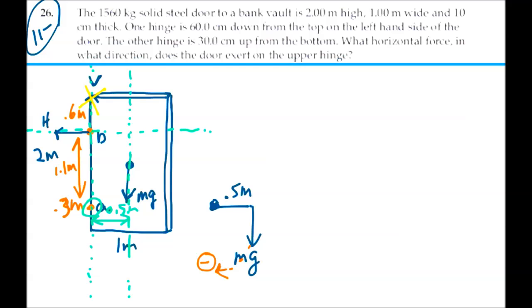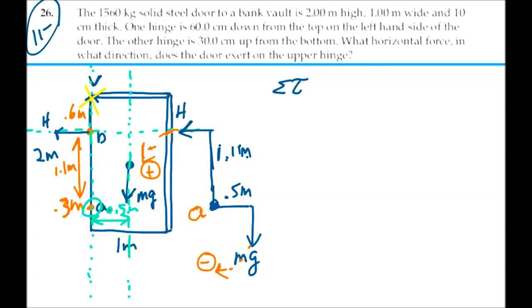Then I've got this horizontal component up here at a distance of 1.1 meters, and that is trying to make this go counterclockwise about point A, which would be a positive torque. So these two torques are balancing out so that we have no net torque about point A.